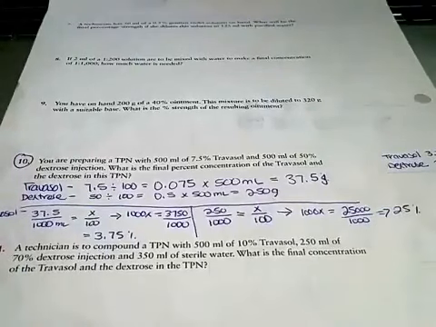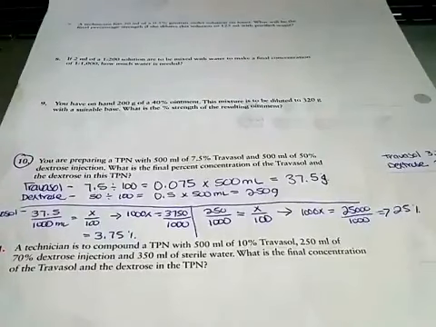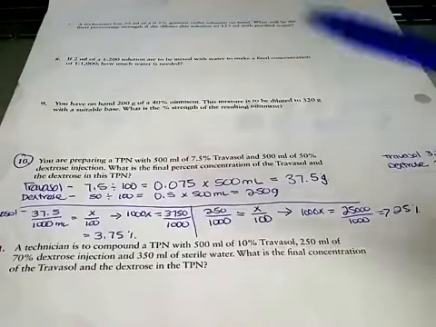Okay. You're preparing a TPN with 500 ml of 7.5% Travasol and 500 ml of 50% dextrose injection. Okay? What's the final percent concentration of both? So again, first we need to figure out what it means in 100.